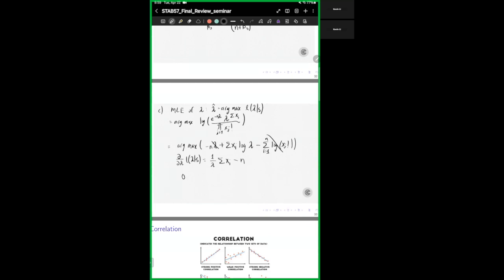We have 0 equal to 1 over lambda hat sigma xi minus n. We have that n is equal to 1 over lambda hat sigma xi.